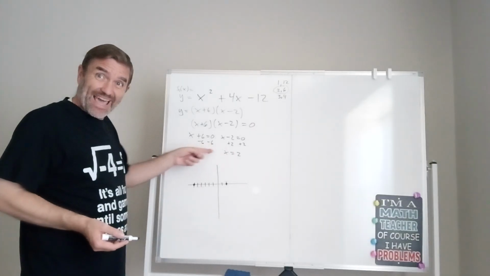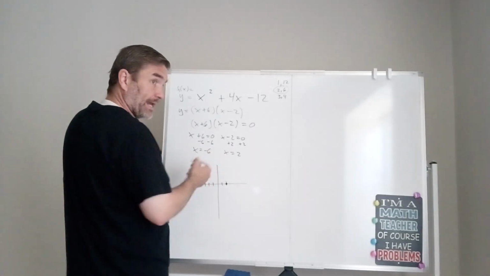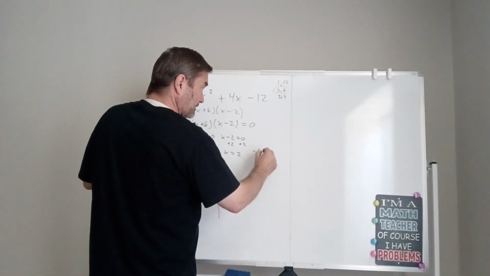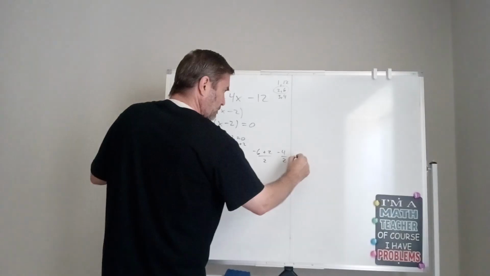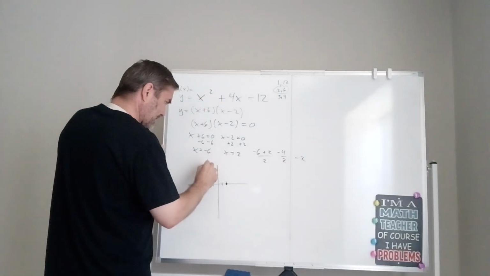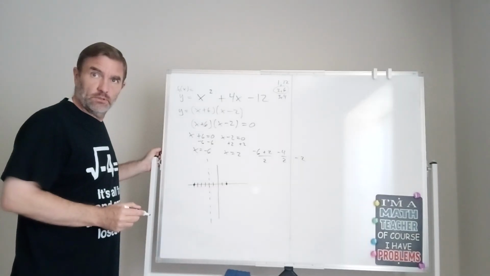The vertex is halfway between these two. How do you find the halfway point? Just add them together and divide by 2. Negative 6 plus 2 divided by 2 is negative 4 over 2, which is negative 2. That makes this your axis of symmetry. It's halfway in between the two.